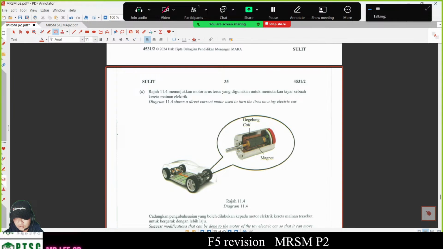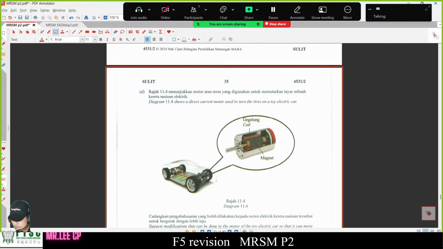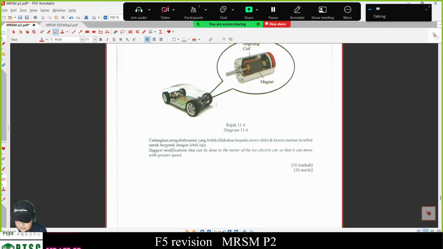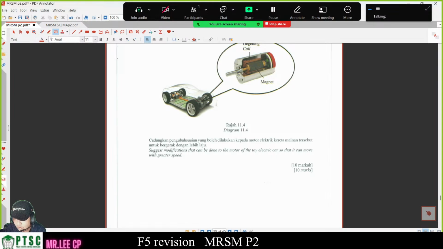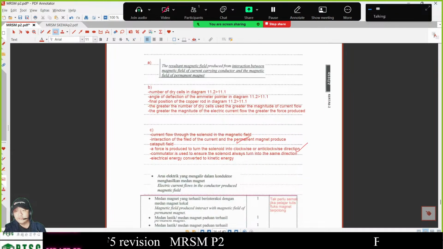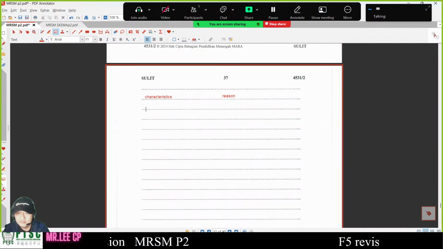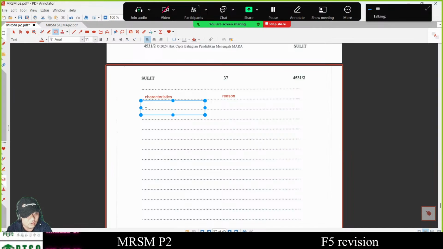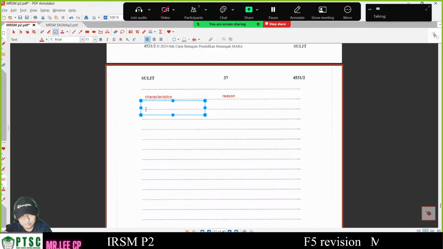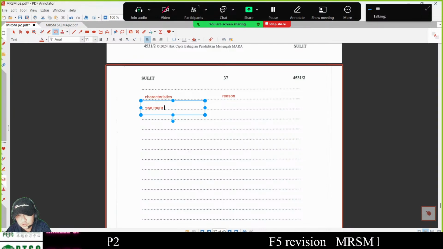Diagram 11.4 shows a direct current motor tied on the toy car, and a modification can be done to the motor so that it has greater speed. So don't have anything. The only thing you know is more current, so produce more force. So use more battery.